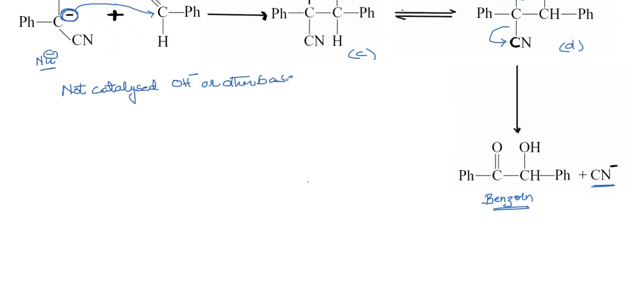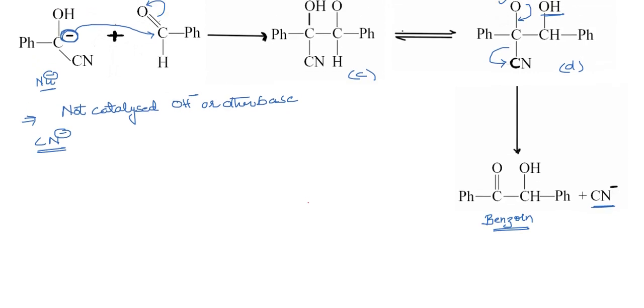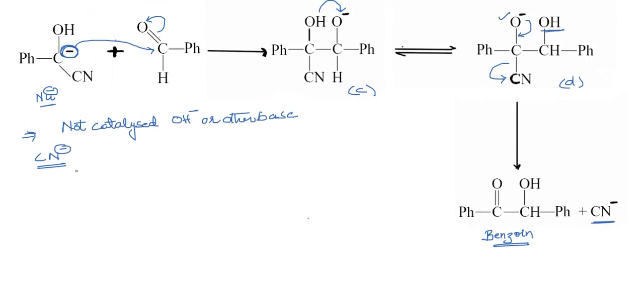So it will take place only by the CN. So we require only CN. So benzoin condensation takes place only in presence of what? That is the CN minus ion.